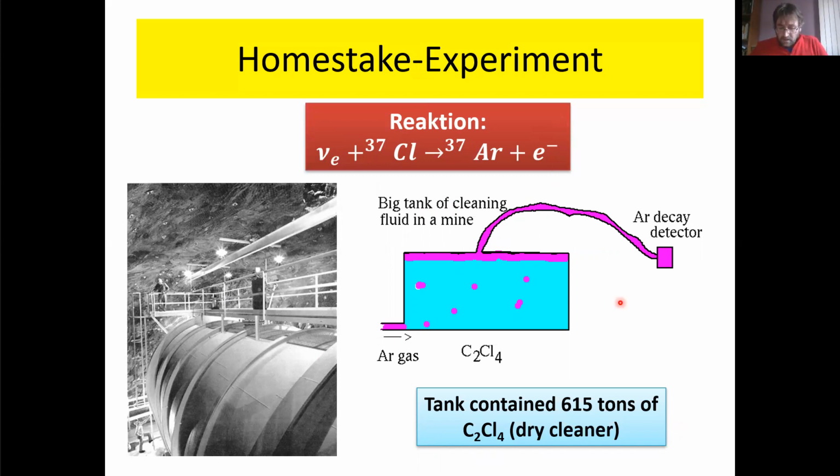You can suck it away from the surface and bring it in front of your detector and see whether you get a radioactive decay that corresponds to the decay from argon back to chlorine, creating a neutrino and then a positron. And the positron is also nice, so you get the specific radiation from the chlorine after the decay.